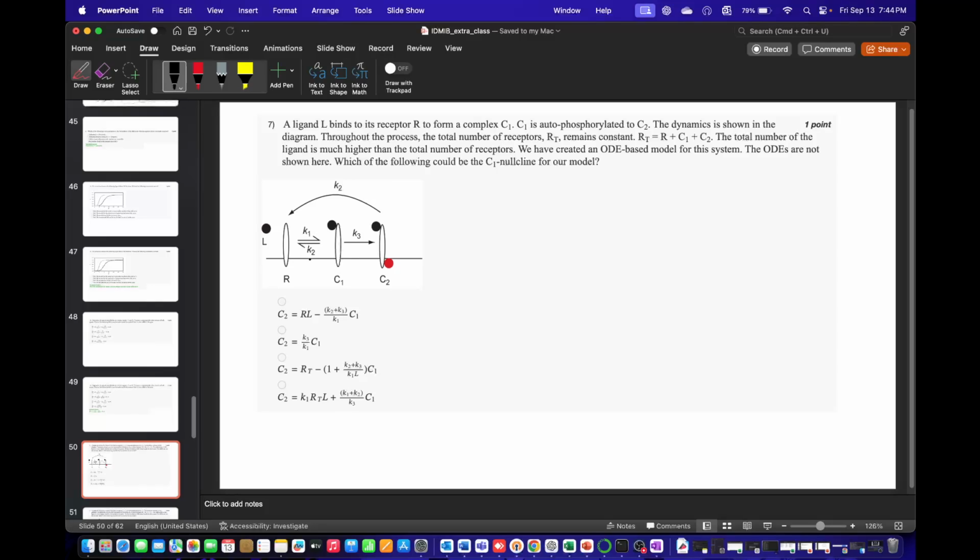K1 is the forward, K2 is the backward, and it forms C1, and then C1 converts into C2, and then C2 is again forming R, right?